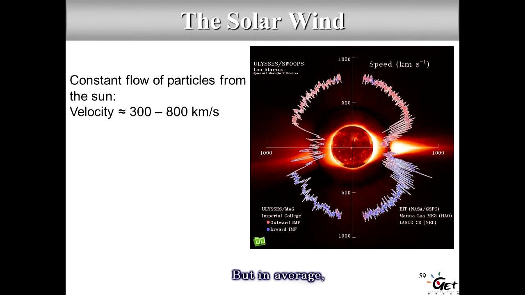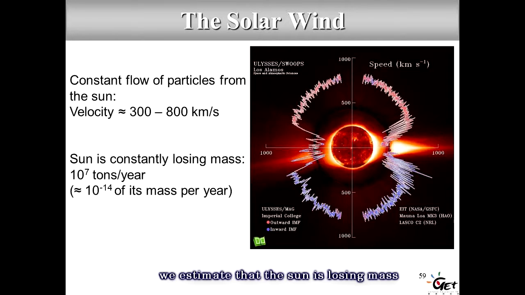On average, we estimate that the sun is losing 10 to the 7 tons per year. So it looks big, but actually it's 10 to the minus 14 of its own mass per year. So in other words, it will take 10 to the 14 years for it to exhaust its mass. So it's not really a problem for the sun.